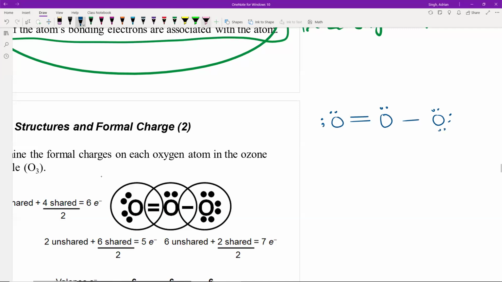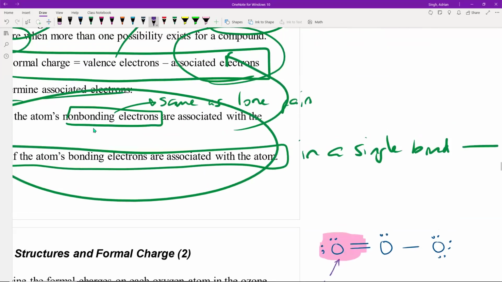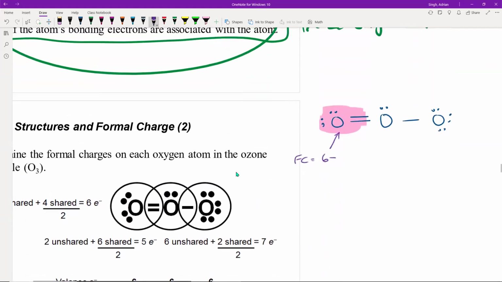So if I take a look at the oxygen on the left and calculate its formal charge, the formal charge for this one would be equal to the valence electrons. So valence electrons for oxygen is 6, you get that from the periodic table, minus, right, we go back to our formula here, the valence electrons minus the associated electrons. So the associated electrons are the lone pairs, so 2 plus 2, that's 4.